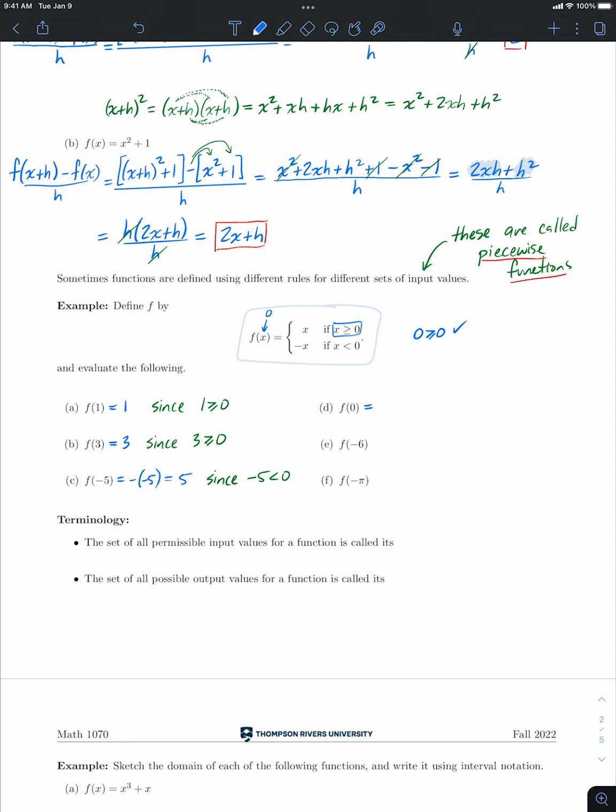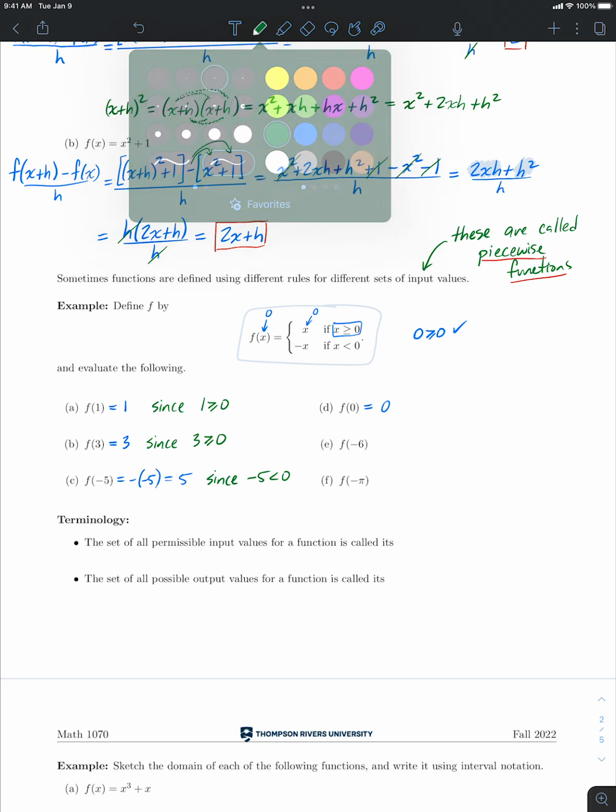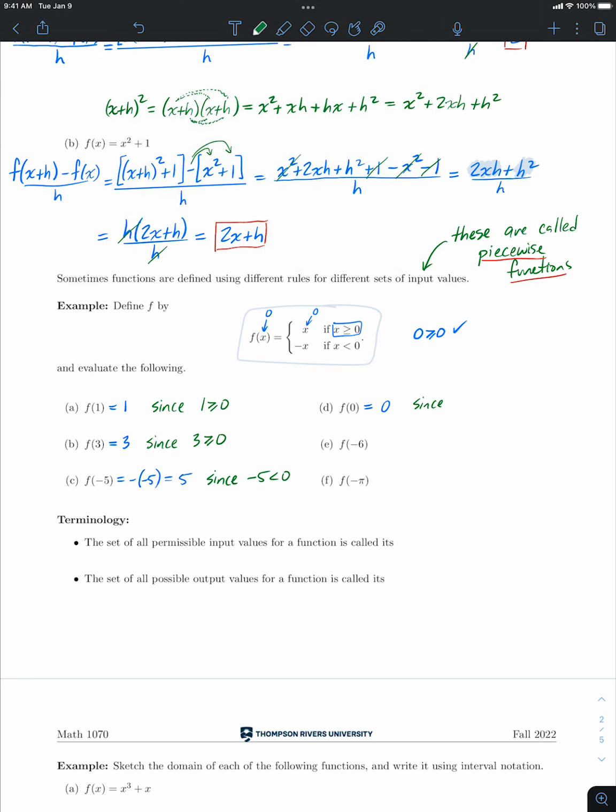So you're going to go over here and plug 0 in for x in that expression, and you're just going to get 0, right? So f of 0 is just going to be 0, and again, the reason we use the first rule is because 0 is greater than or equal to 0. Okay, two more. f of negative 6. Well, same thing as we did before, right? Plug in negative 6, the same as the negative 5, really.